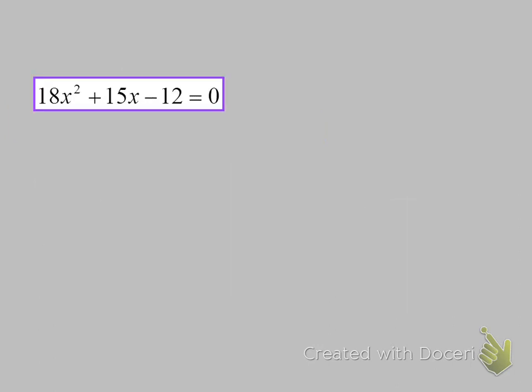Now this one is probably one of the more complicated ones you're going to do. To start with, I want to factor this first. I don't want to solve it, so ignore the equals 0. We're just going to do 18x squared plus 15x minus 12. Here's what you need to start training your brain to. I see everybody's calculators moving, trying to do 18 times 12.